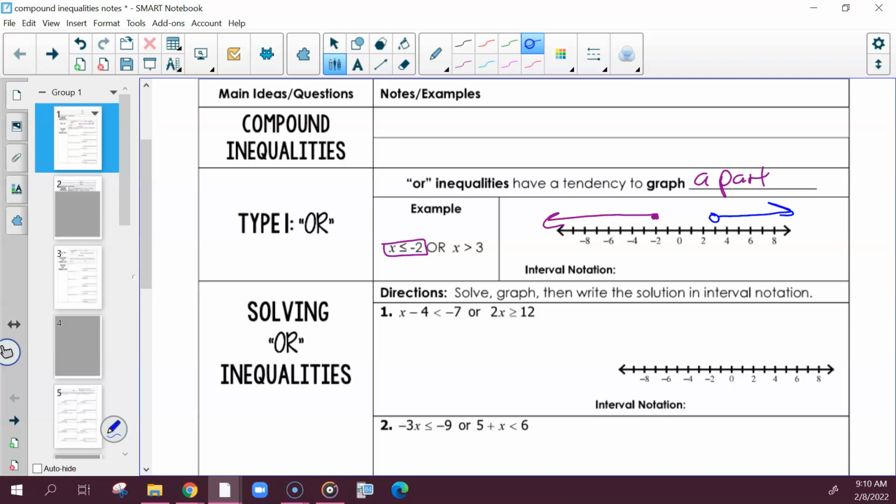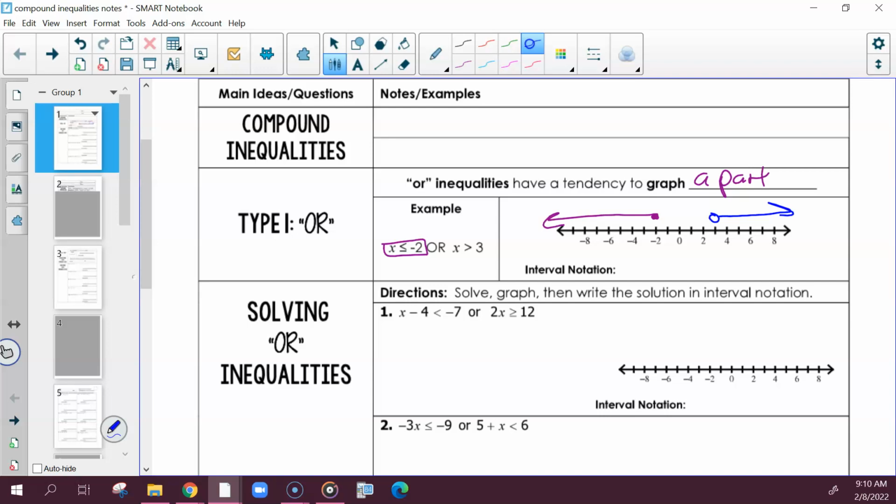So when we look at this interval notation, we're still reading left to right all the way across. Where would we start with this? The lower number. So if the x is less than, what is the very lowest number on this, if this keeps going to the left?